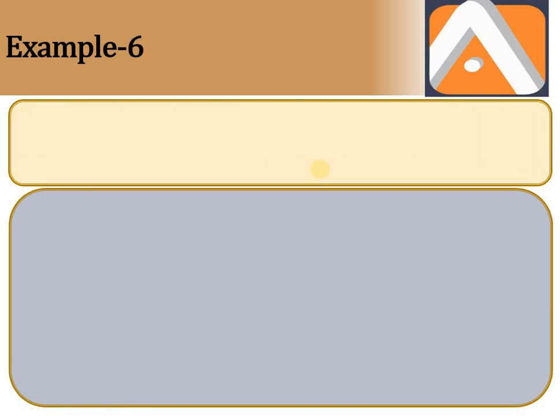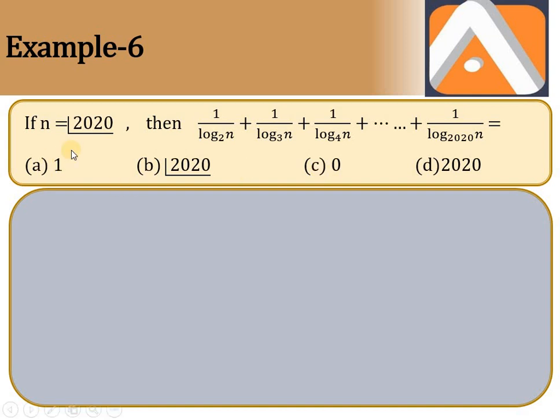Now one more question. See here, this symbol is called factorial. What is meant by factorial? For example, if I say 5 factorial, it means from 5 in reverse down you should multiply all the numbers. Like 5 factorial means 5 into 4 into 3 into 2 into 1.